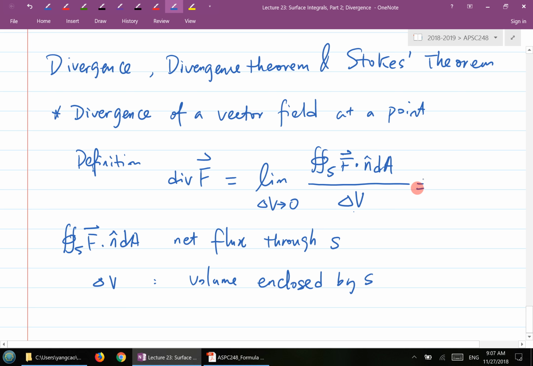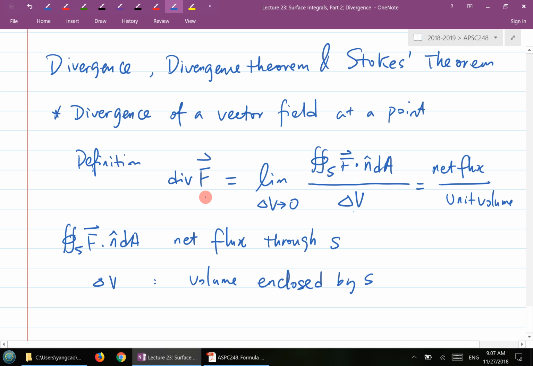So now you can see the idea of this integral is basically the net flux over a volume. Let's call it unit volume here. So you have a net flux through a volume. If I want you to come up with a different name for this divergence, what would you call it? Flux density, exactly. And that's exactly the name. It's called flux density.